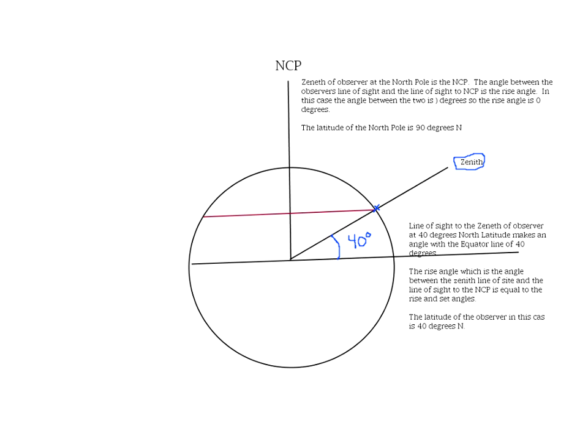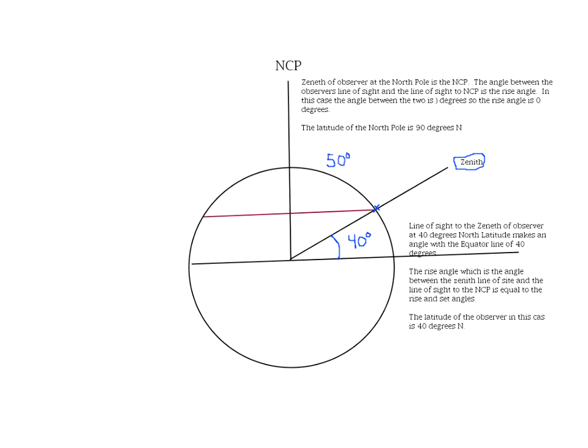Well, remember that the rise angle is the angle between their line of sight to the zenith and the North Celestial Pole. From here to here, that's 90 degrees. So what's left here is 50 degrees, and that is the rise or set angle, which is what's left here.